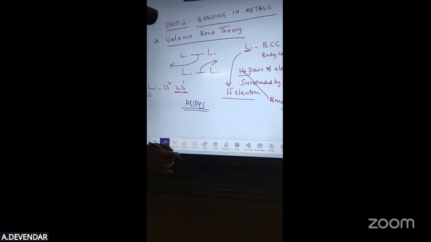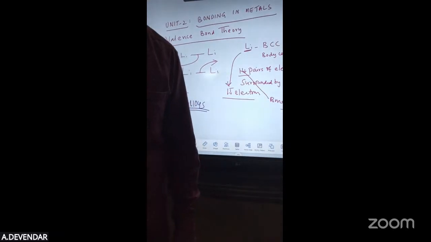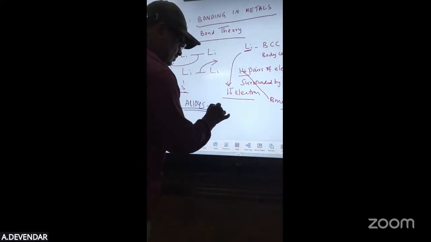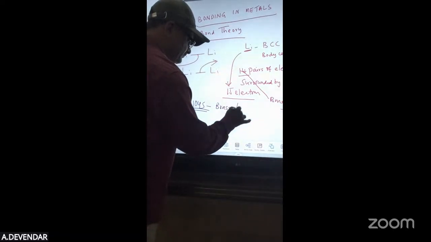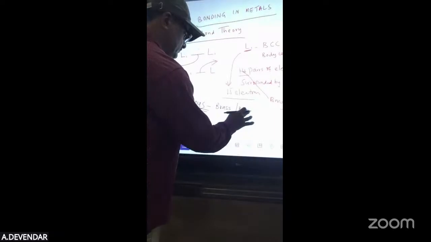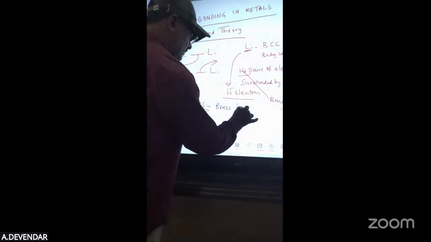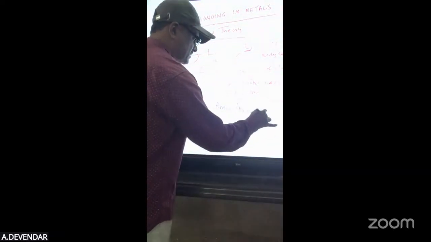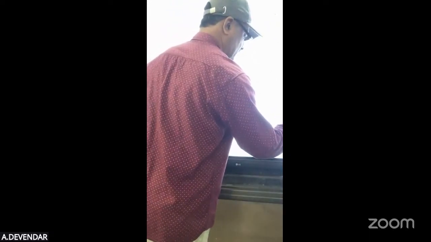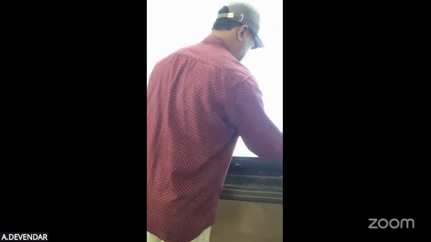In this, if an alloy contains mercury, that is called an amalgam. Alloys containing mercury, where one metal is mercury. Here you can use brass, bronze, stainless steel, like so many there are.